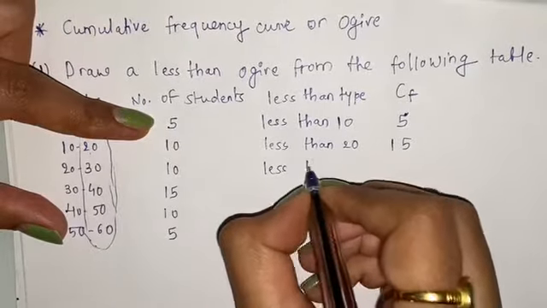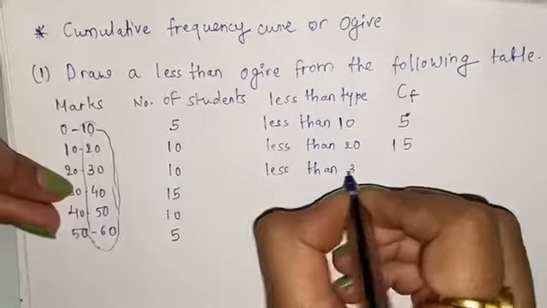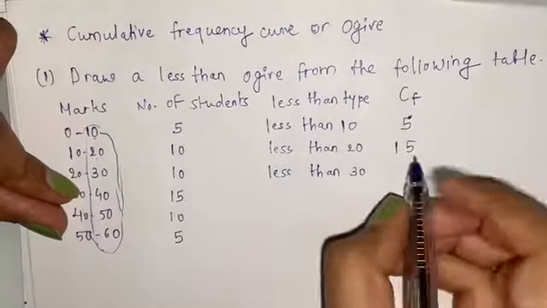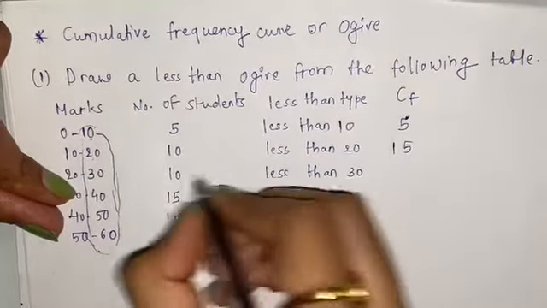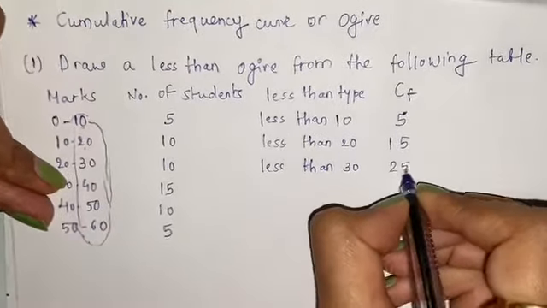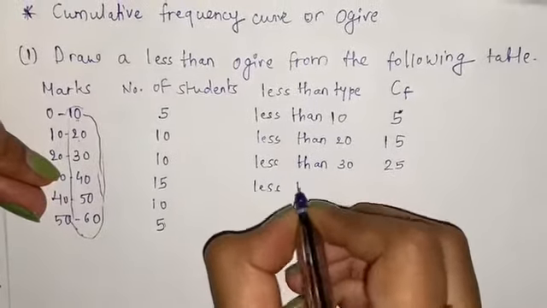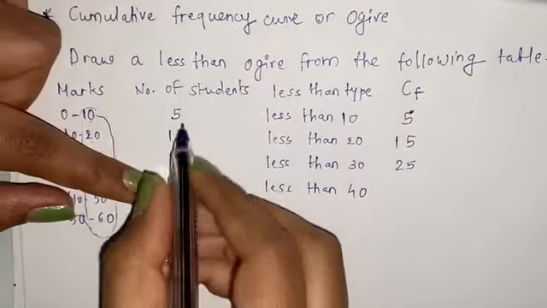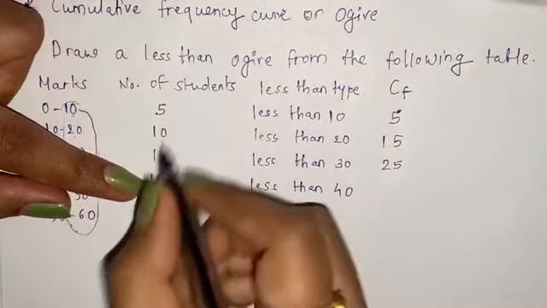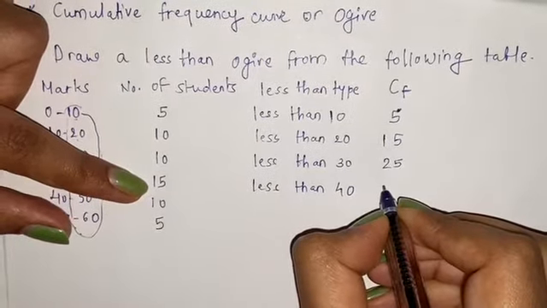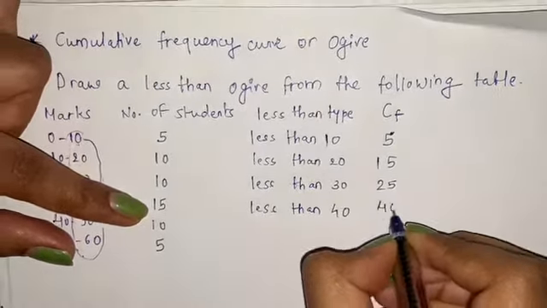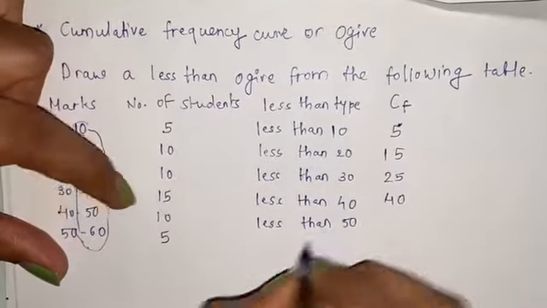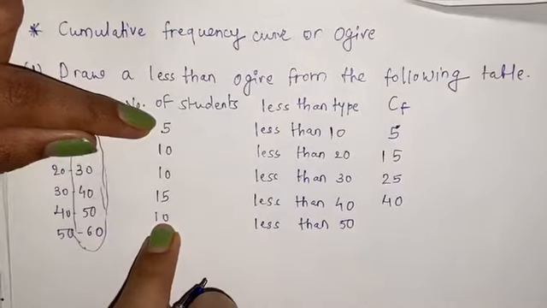Next is less than 30. So less than 30 means this will be added because all these are less than 30. So this is 10. So 15 plus 10, 25. Next is less than 40. So less than 40 is 15, but all these numbers will be added. So 25 plus 10 is 35 plus 5 is 40. Next is less than 50. So this number plus you have to add all these numbers.